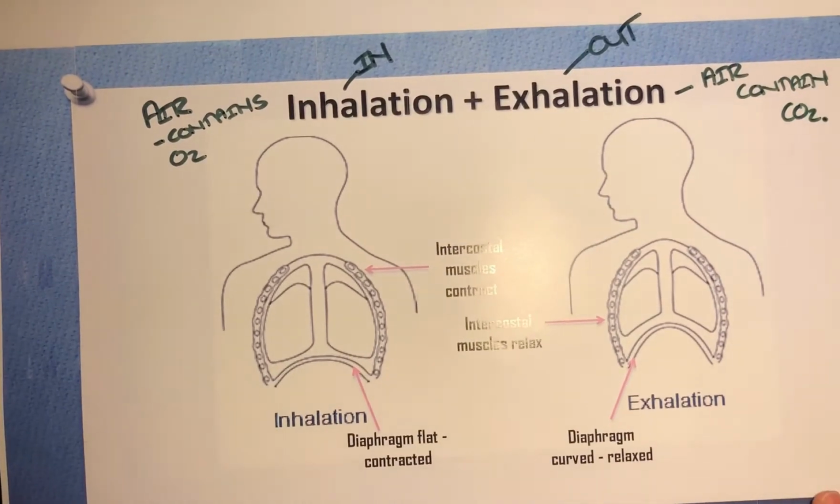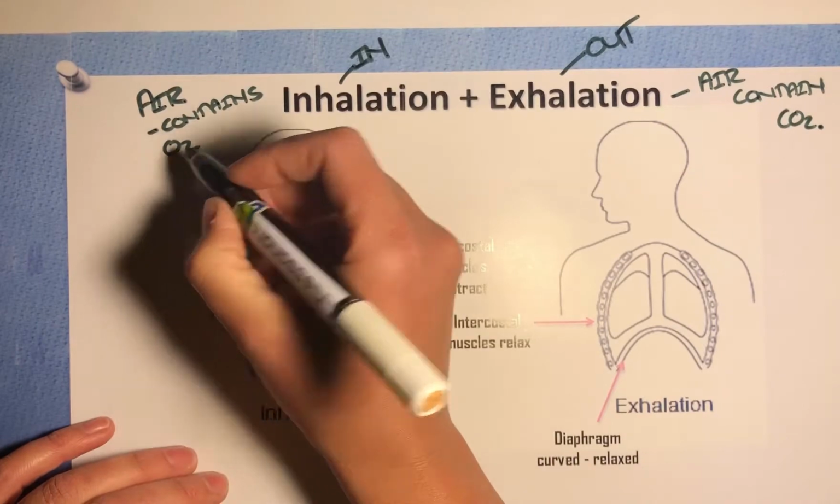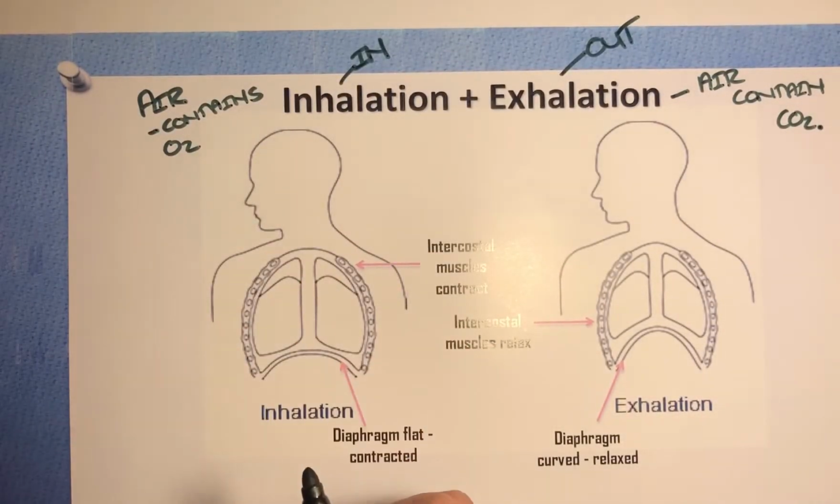You don't breathe out pure carbon dioxide, same as you don't breathe in pure oxygen. You breathe in air, and that air contains oxygen, while you breathe out air, and that air contains carbon dioxide.